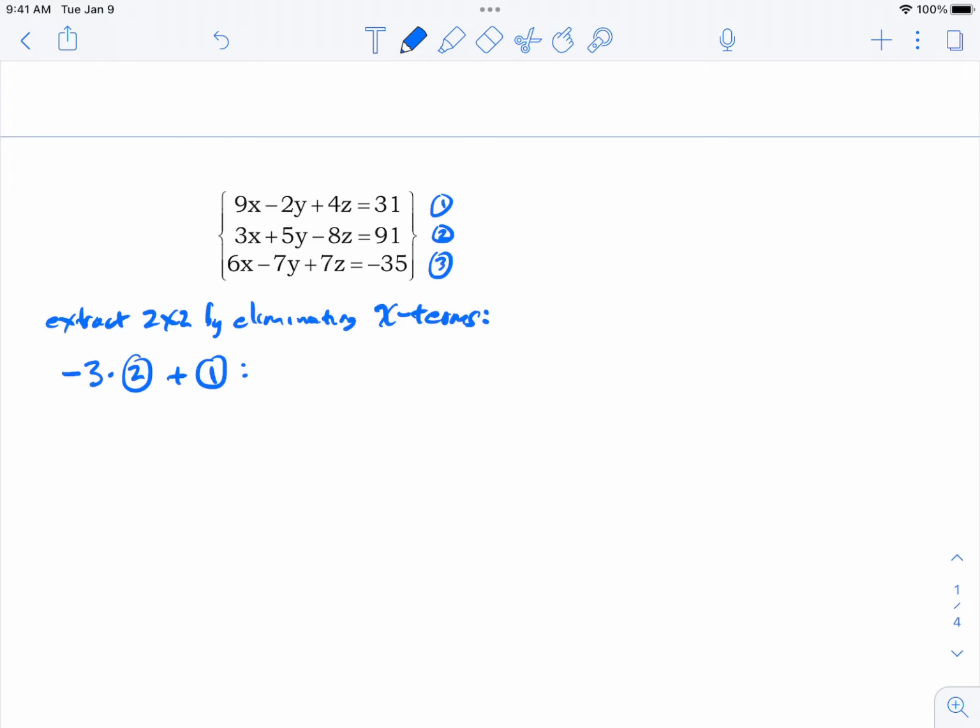So negative 3 times equation 2 looks like this. I'm looking at this equation. I'm multiplying everything by negative 3. I'm getting negative 9x, negative 15y, plus 24z equals negative 3 times 91, 273. Okay, cool.